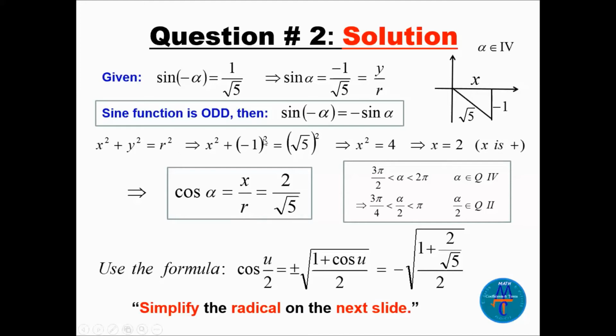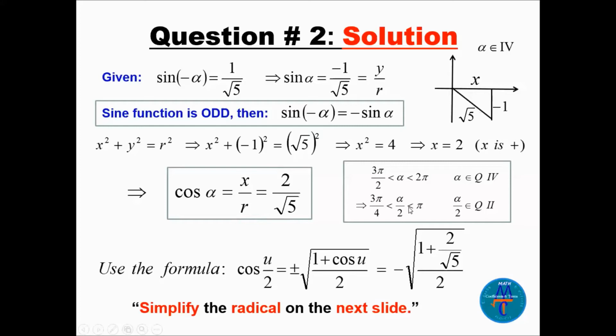I square minus 1, all squared, and I square r, which will be 5. Take 1 to the other side. x squared is equal to 4. So x should be plus or minus 2. I choose the plus in quadrant 4. So cosine of alpha will be x over r.